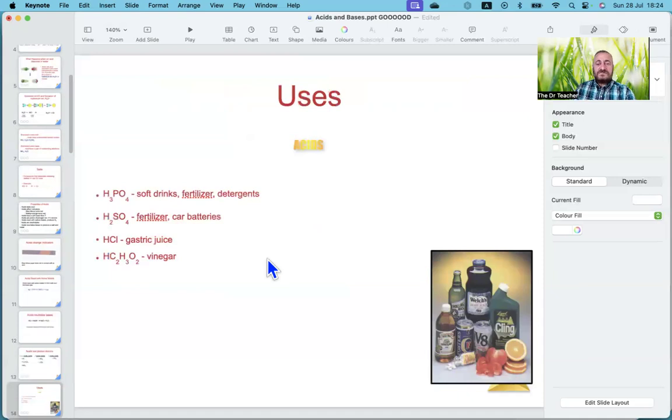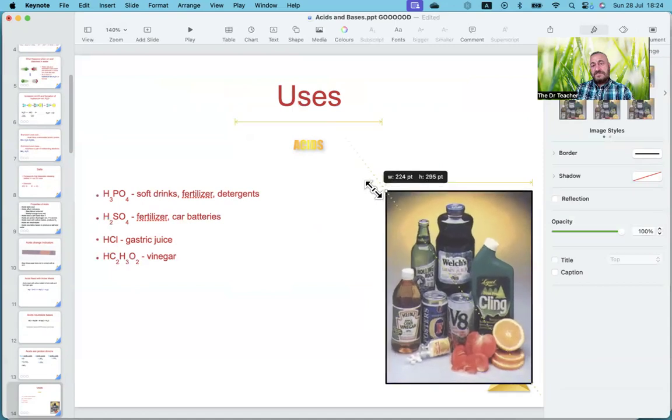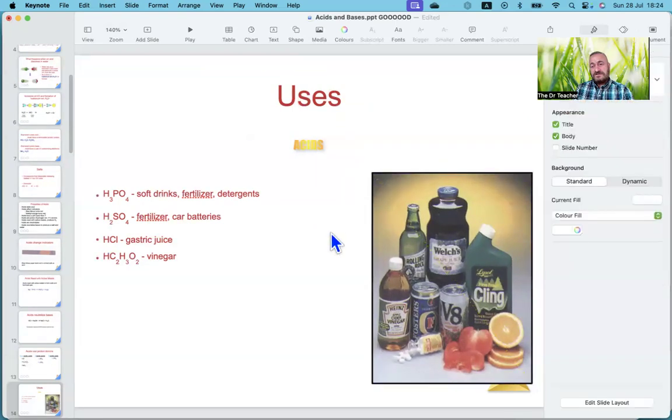So if we see the uses of these acids, you can see here in Pepsi cans, in vinegar, and as you see the H3PO4 in soft drinks, fertilizer, and detergents.